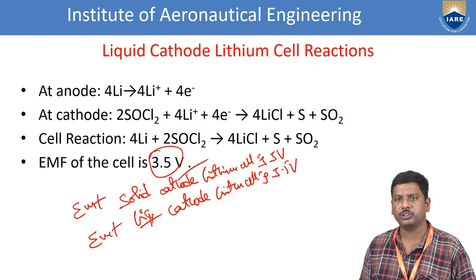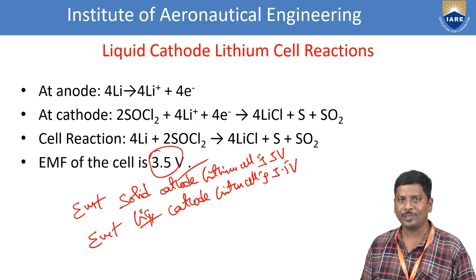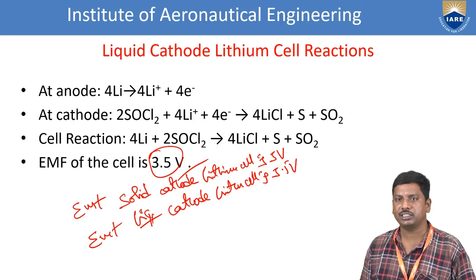That means the electromotive force of the solid cathode lithium cells is less compared to the electromotive force of the liquid cathode lithium cells. That means the working efficiency of the liquid cathode lithium cells is higher when compared to the solid cathode lithium cells because of the liquid media.